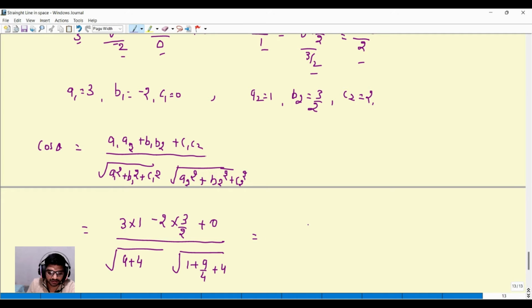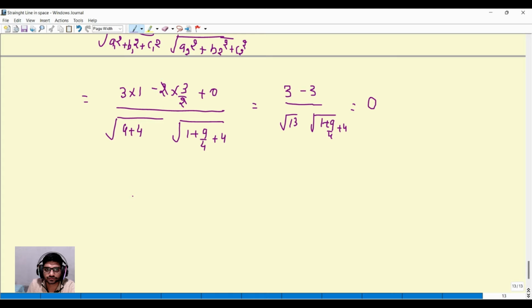This will give us 3 minus 3 upon under root 13 and under root 1 plus 9 upon 4 plus 4. This will give out the 0.